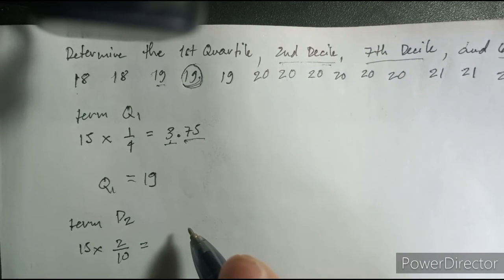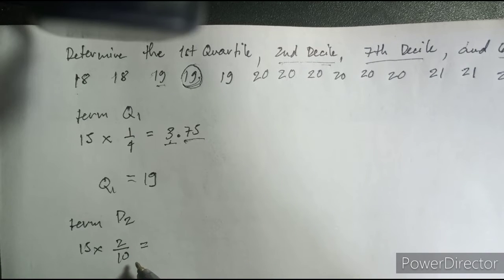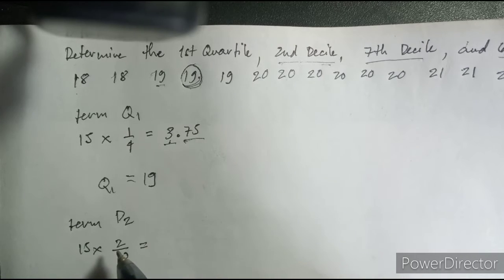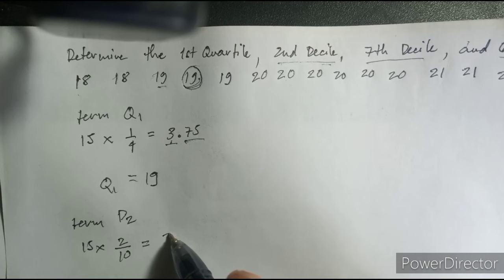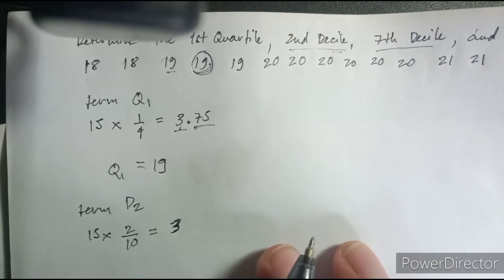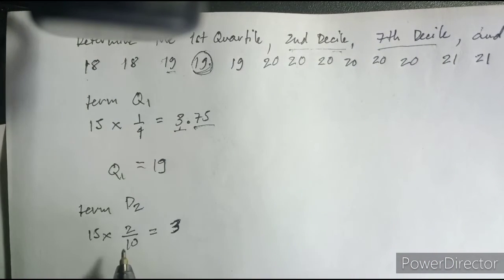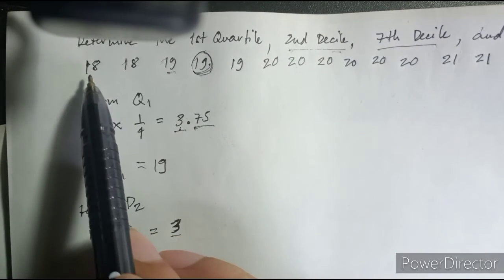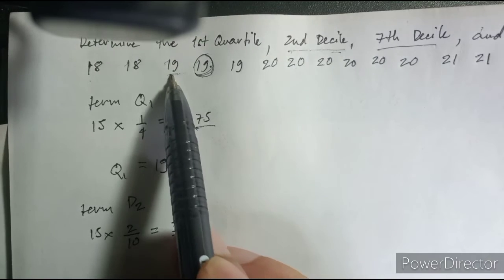So 15 times 2 is 30, divided by 10, we have 3. So we are going to determine the third term. 1, 2, 3, which is 19.